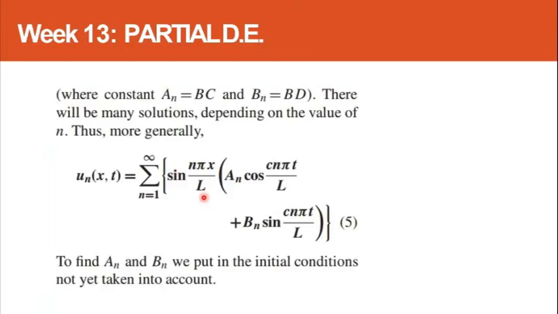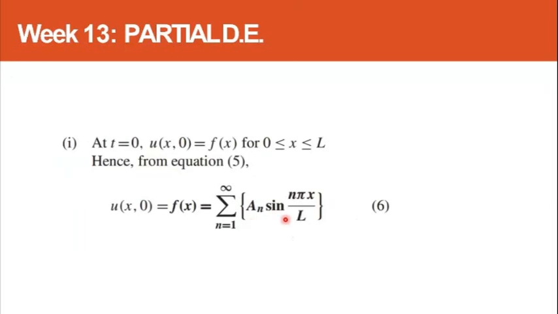For equation 5, t is this, so we have t as 0, and we are left with this for our equation.